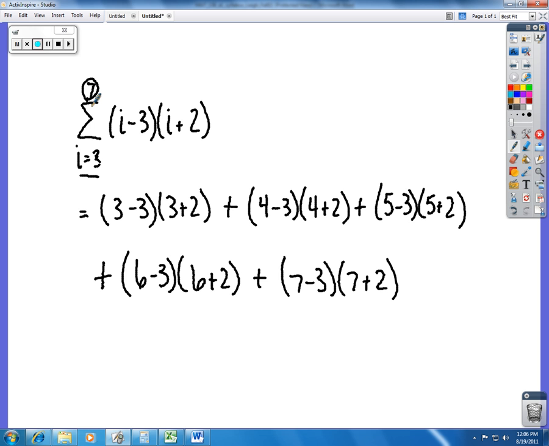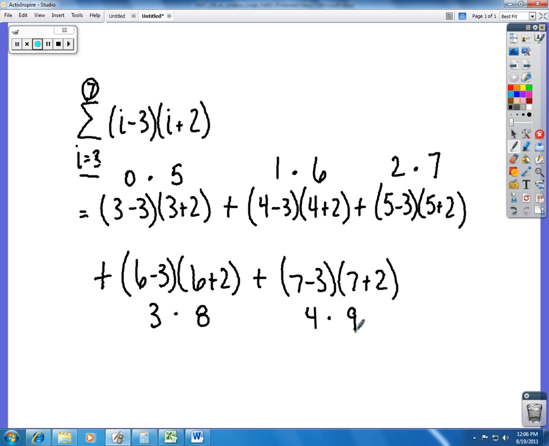So if I look at each term in parentheses individually, I have 3 minus 3 here, which is 0, times 3 plus 2, which is 5, 4 minus 3, which is 1, times 4 plus 2, which is 6, 5 minus 3, which is 2, times 5 plus 2, which is 7, 6 minus 3, which is 3, times 6 plus 2, which is 8, 7 minus 3, which is 4, times 7 plus 2, which is 9.